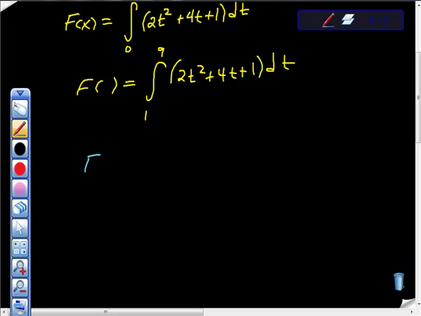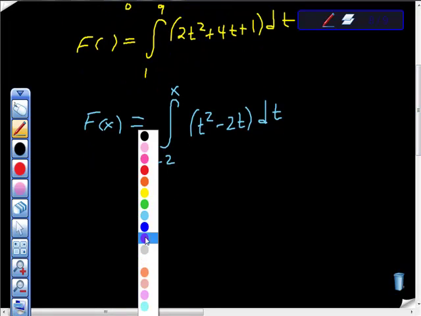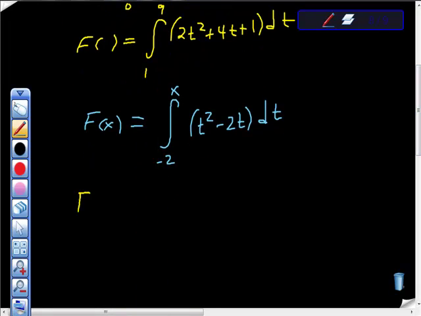If you're given f of x is equal to the definite integral from -2 to x of t squared minus 2t dt, and you're asked the following question, what's the derivative? What's f prime at x?